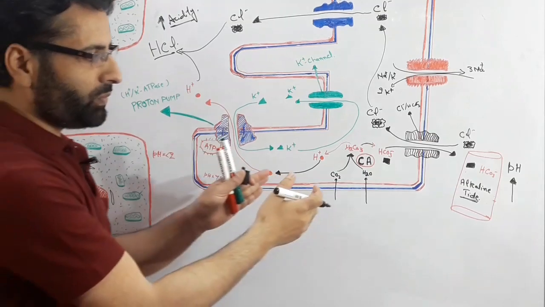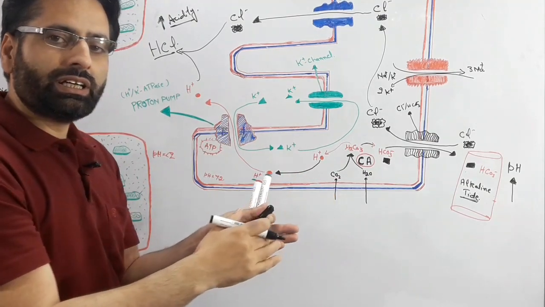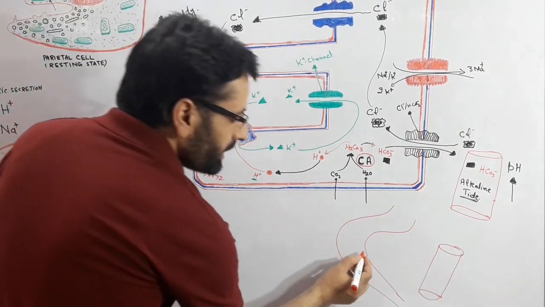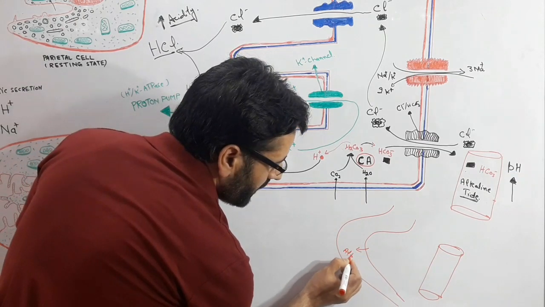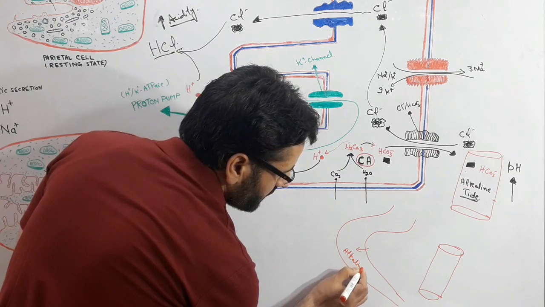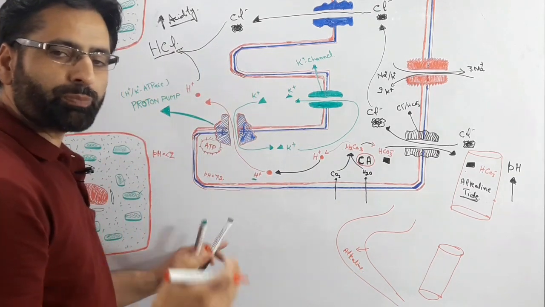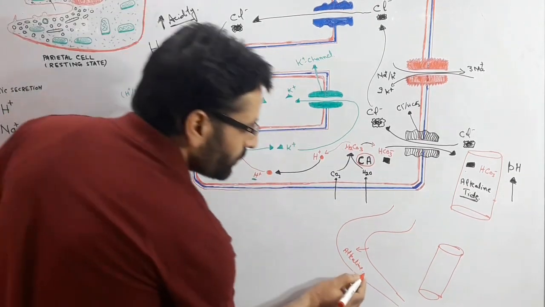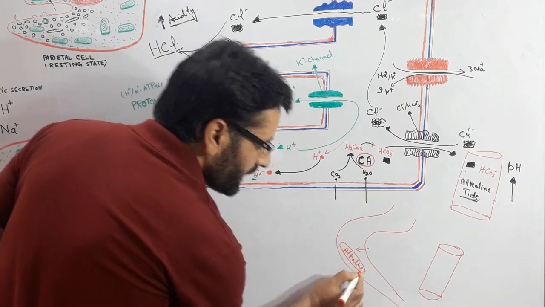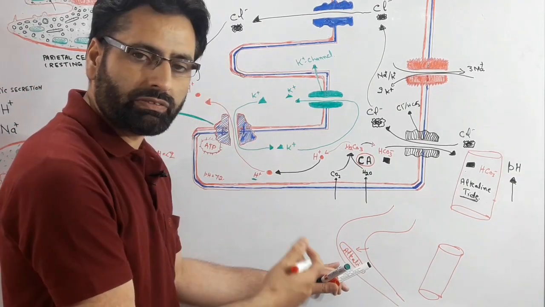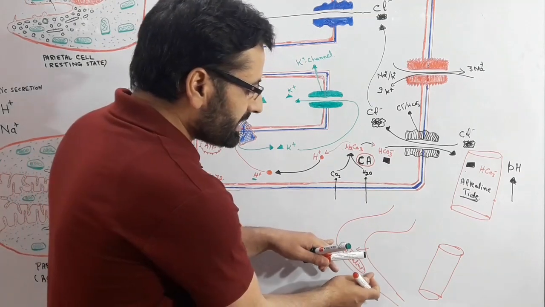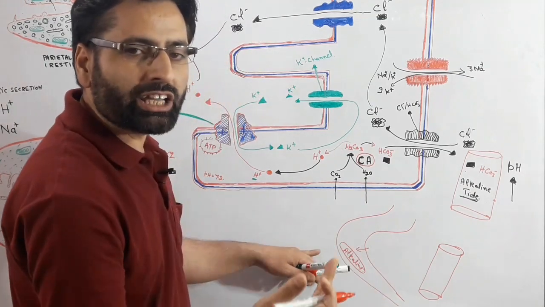But this effect is reversed in the duodenum. For example, in the duodenum, we have secretion from the pancreas as well as from the liver. The secretion from the pancreas and liver, as you know, is alkaline. It is this alkaline secretion that neutralizes the acidic effect of the chyme.